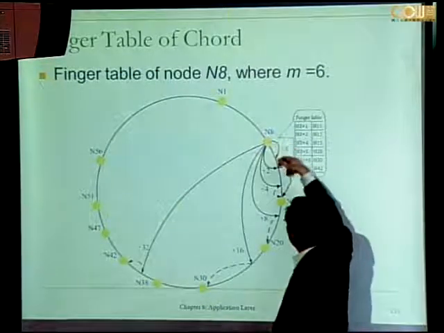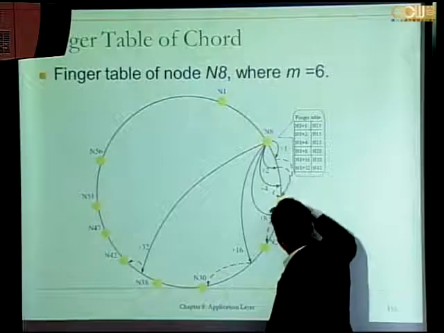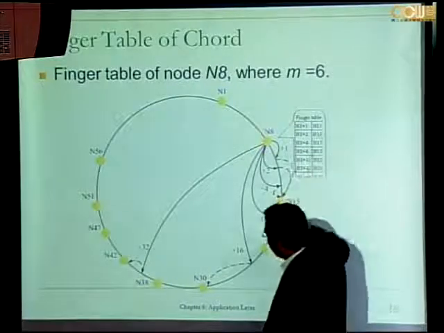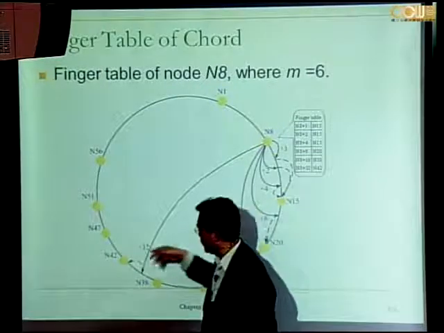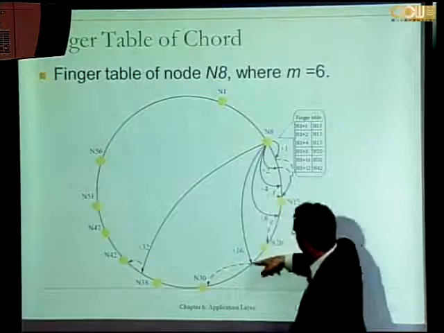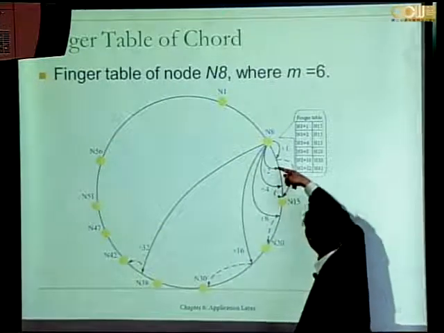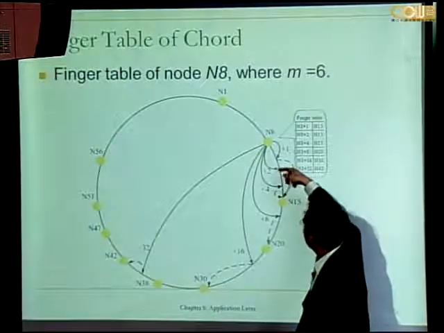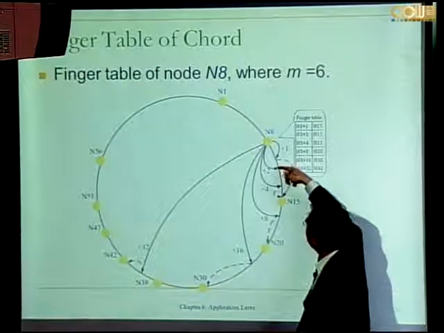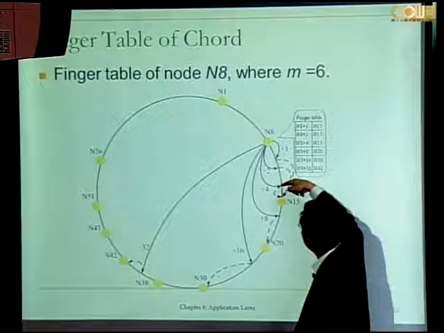You probably need to hash several times to look up the table and then finally get it here, because sometimes you hash but there are no peers. For example, I hash here, but no peers. So I hash again, no peers.